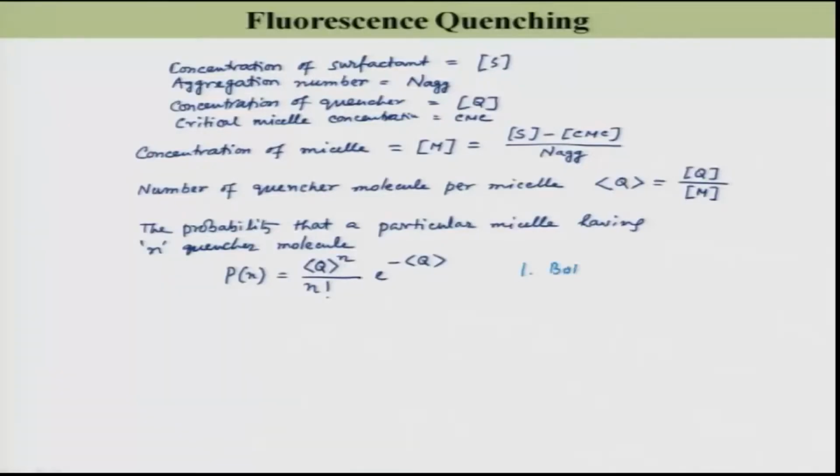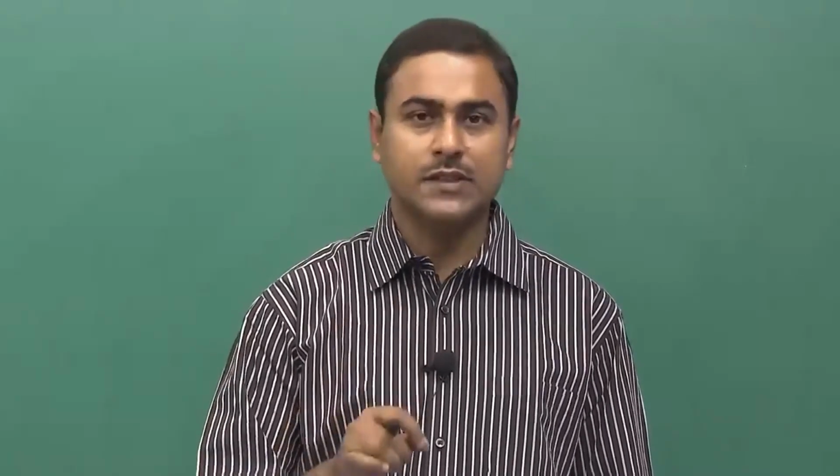So, the first assumption, which is a valid assumption, I will write here: both the fluorophore and the quencher stay in the micelle. And the second one is that even a single quencher present in the micelle is good enough to quench the fluorescence completely of the fluorophore which is present in the micelle.